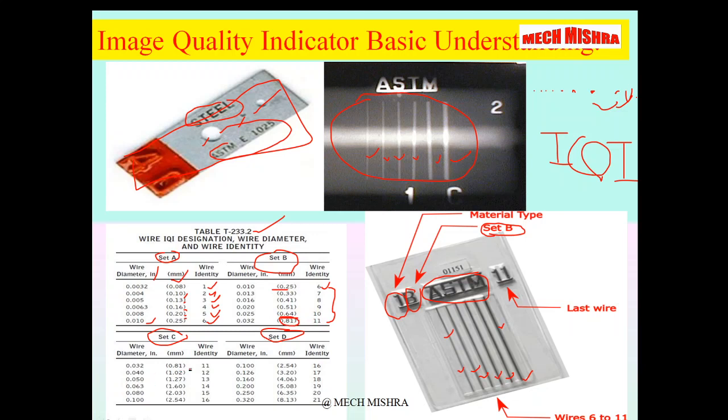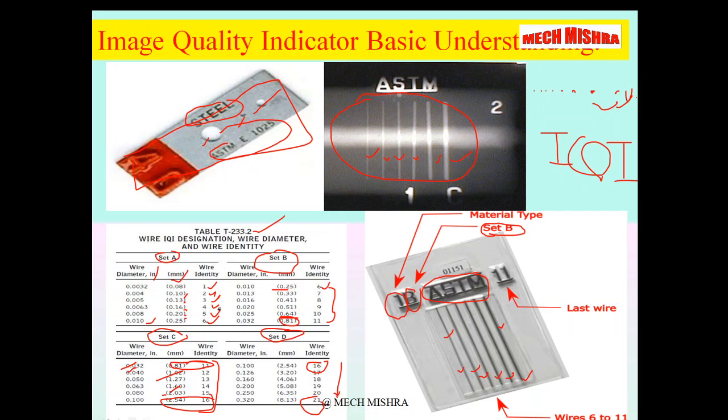Set C starts with the 0.81, wire identity 11, and then it will reach 16, means there are 6 wires, but if you see the dia is getting increased. Then set D also started with the wire identity 16 to 21, and the dia is continuously increasing.